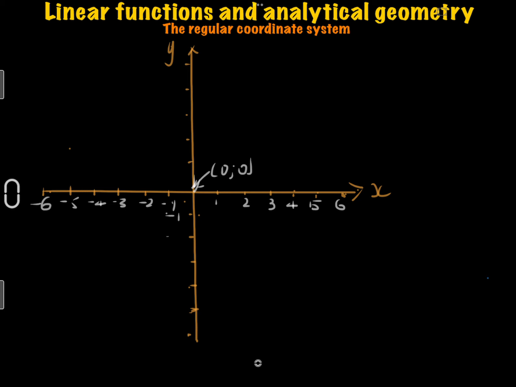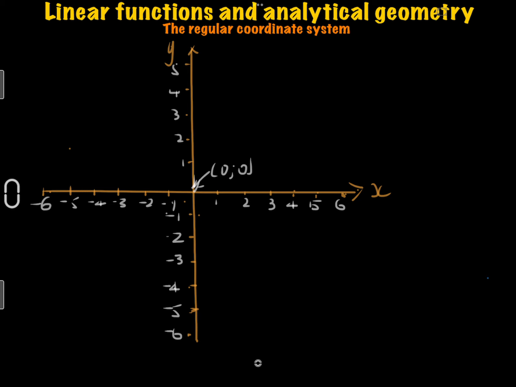Similarly, we have -1, -2, -3, -4, -5, -6. We have positive values here: 1, 2, 3, 4, 5.